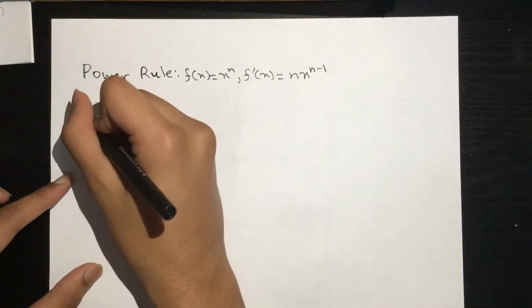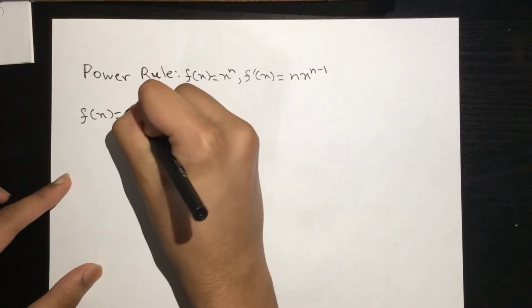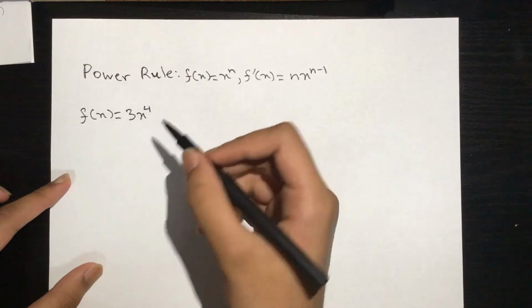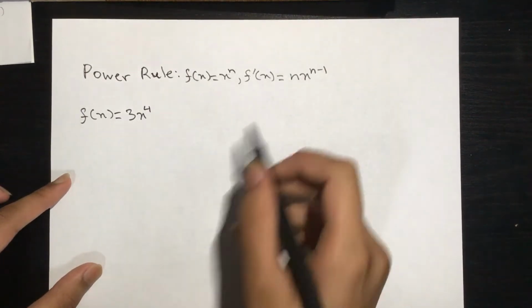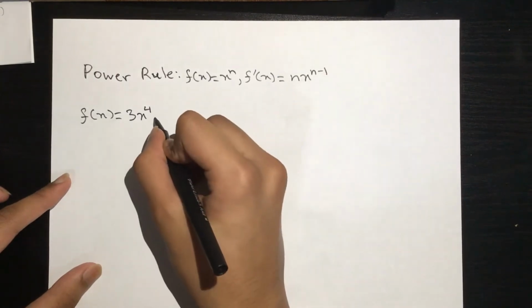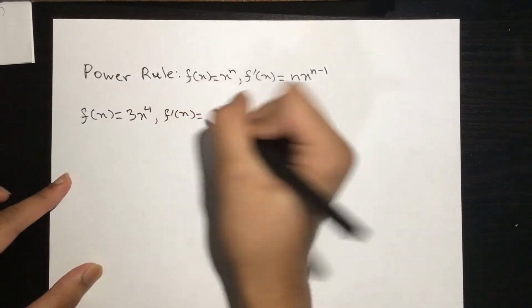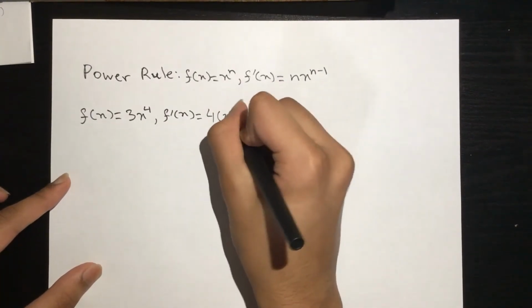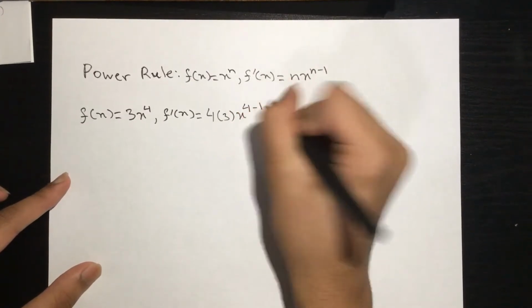So given an example function like f of x is equal to 3x to the fourth. Now instead of plugging this into the definition of the derivative and solving, which would be very tedious, we can apply the power rule. So in this case, f prime of x is equal to 4 times 3 times x to the power of 4 minus 1.